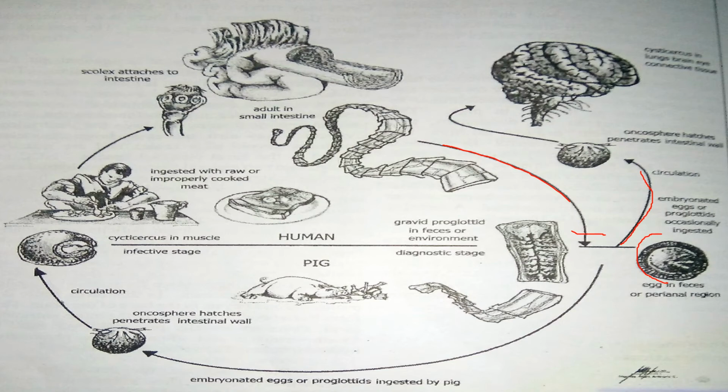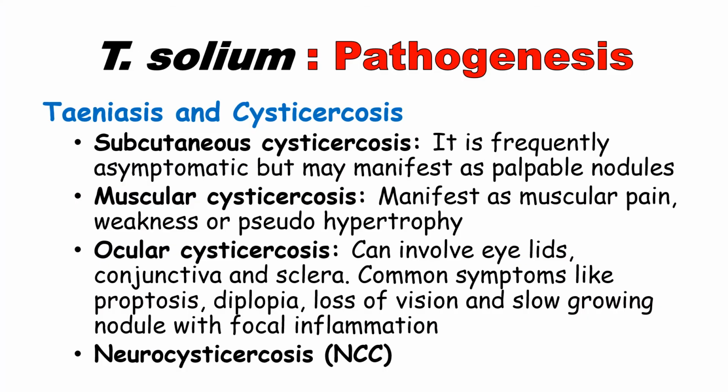There is also internal auto-infection, which is due to reverse peristaltic movement, by which the gravid segments throw the eggs back into the stomach, equivalent to swallowing of the eggs. So due to reverse peristaltic movement, they go back to your stomach and then develop internal auto-infection.